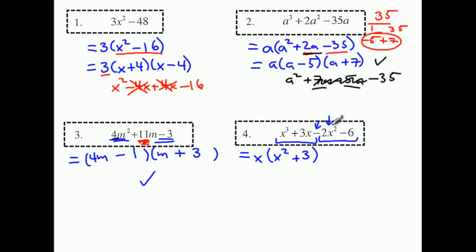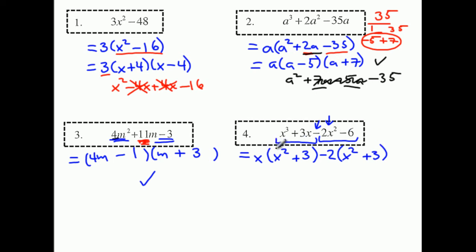So this is all negative 2x squared. This negative tags along with this term. So for the last 2, you can pull out a negative 2, and that leaves you with x squared plus 3. So when I distribute this negative 2 back in, I get negative 2x squared minus 6.